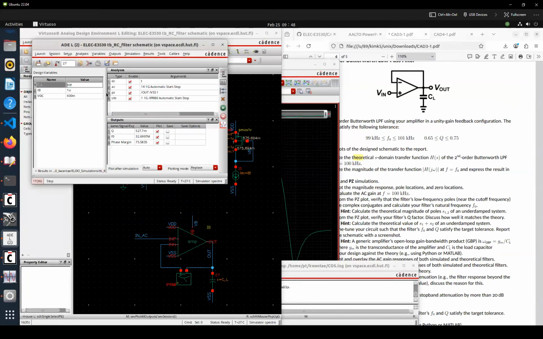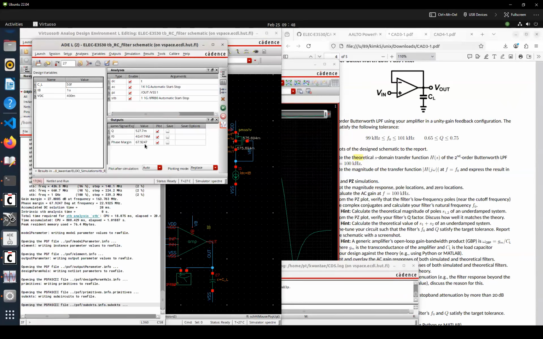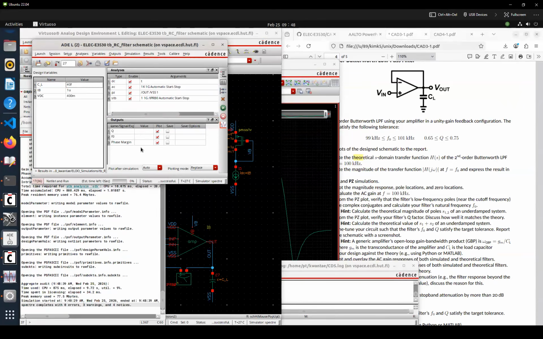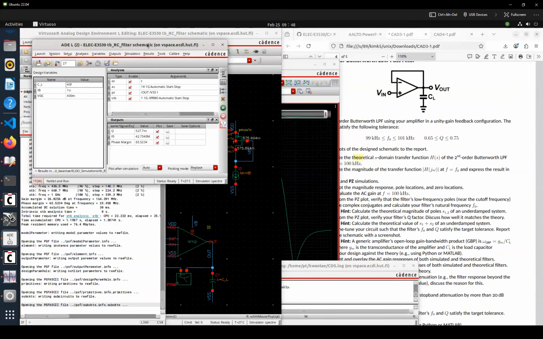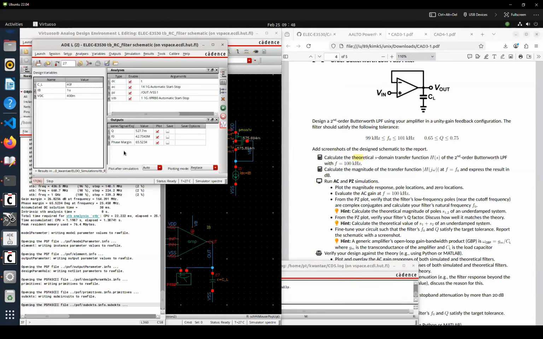So let me decrease this value, CL, to match as much as possible to 65 degrees phase margin. 67, what about 40? Yeah, it's 65 degrees. And the Q factor doesn't look like it's changing much. Q factor 2.5 to 7.